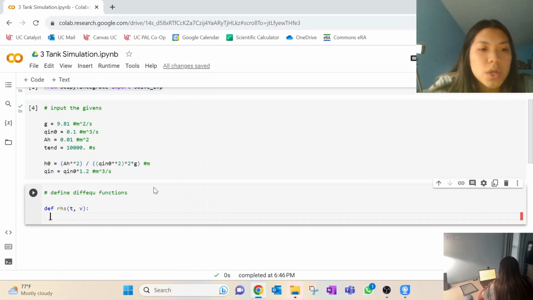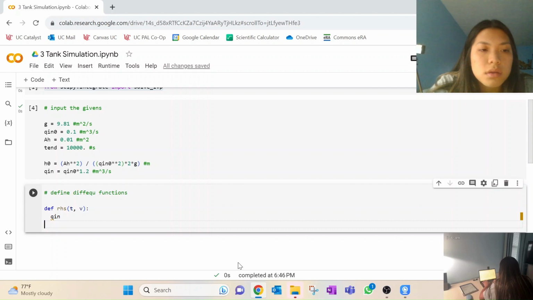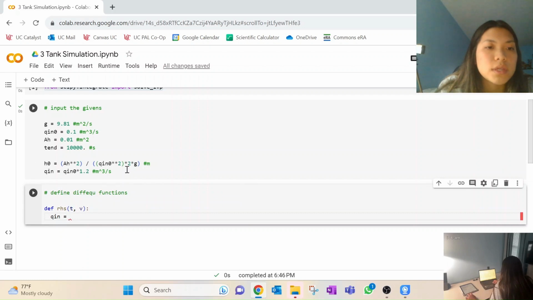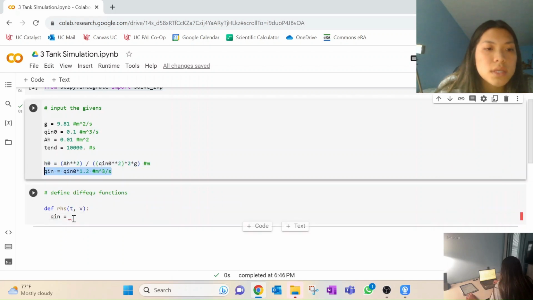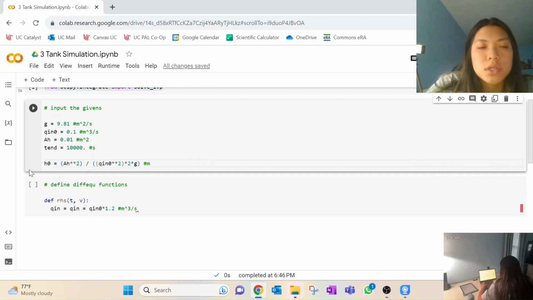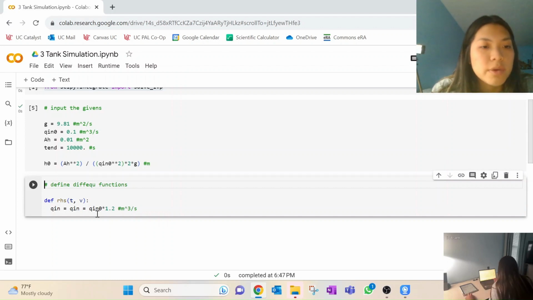Okay, so the first thing is the flow in. We're actually going to move this down here because that's a part of this function, which isn't super significant now for the initial code, but when we start adding controllers, it has more of an effect.